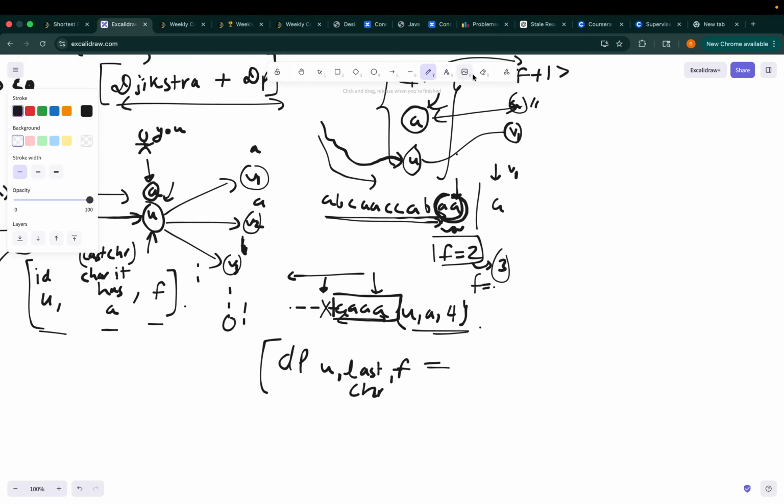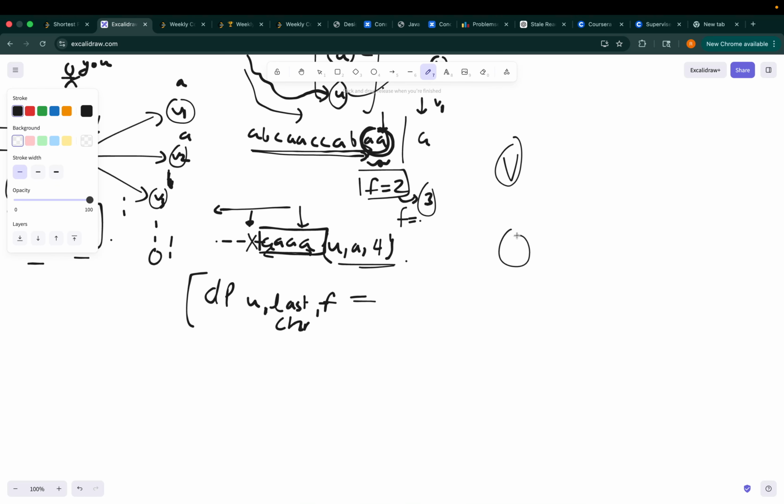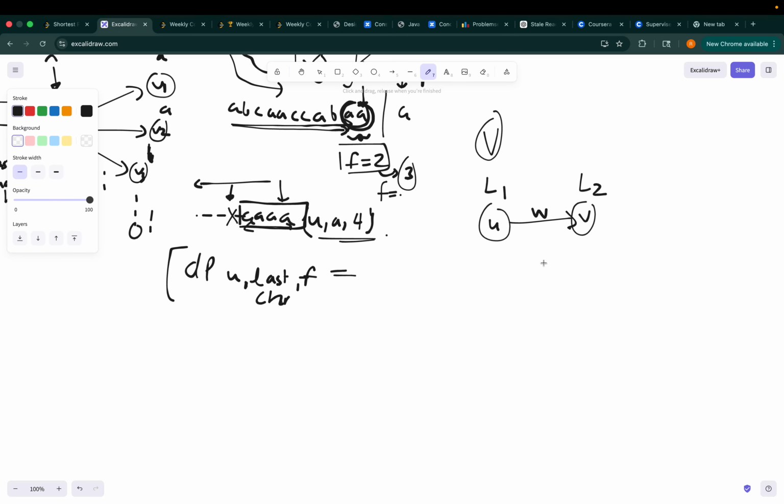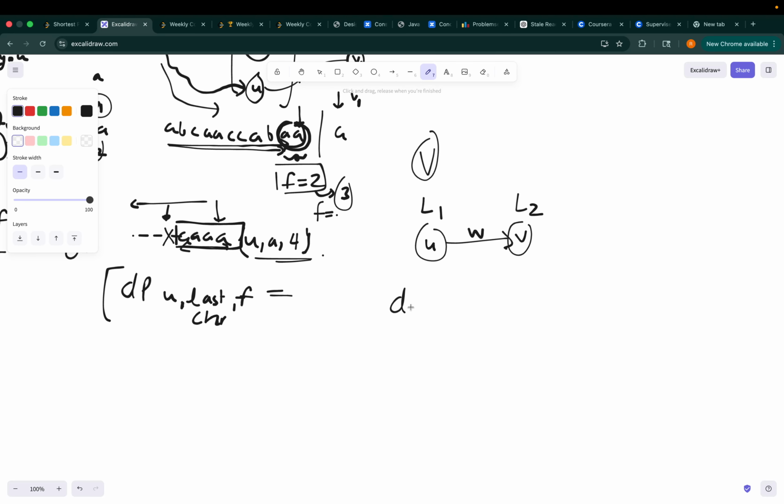So dp of u, last char and f is equal to... okay, so we want to go to v, node number v. So from u you're trying to go to v. This is the last char L1, this is the last char L2, and this is weight W. So how do you write this? dp of v, L2 and frequency f. So let's say L1 is equal to L2.